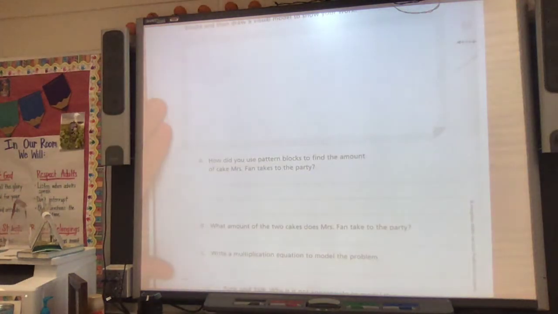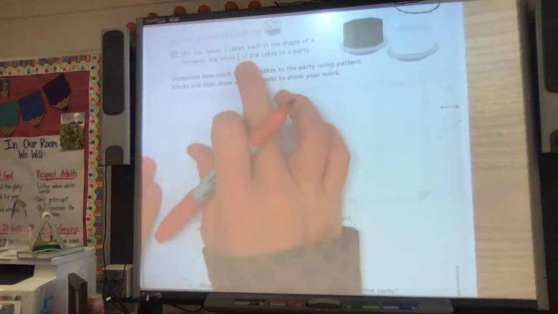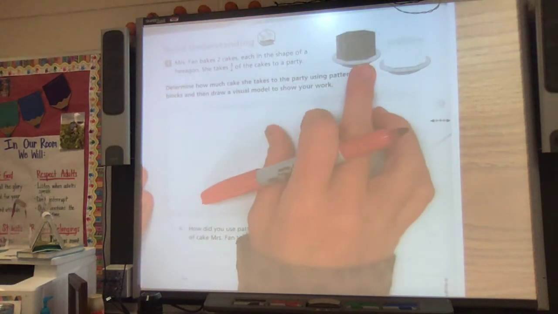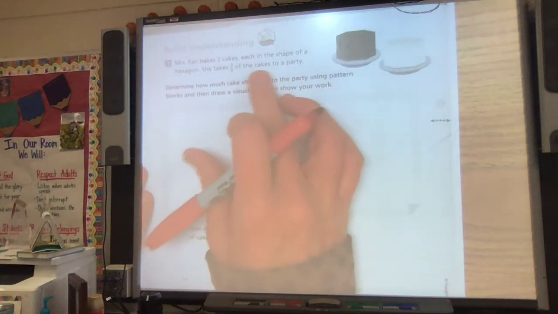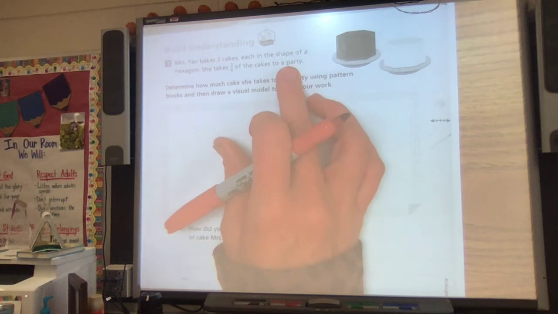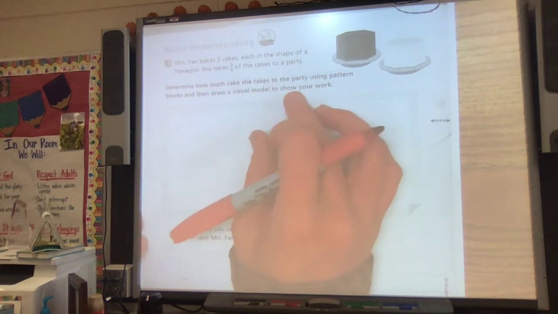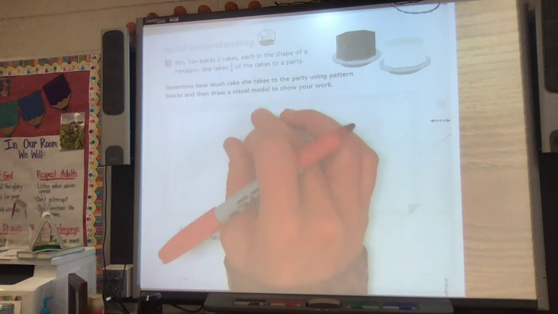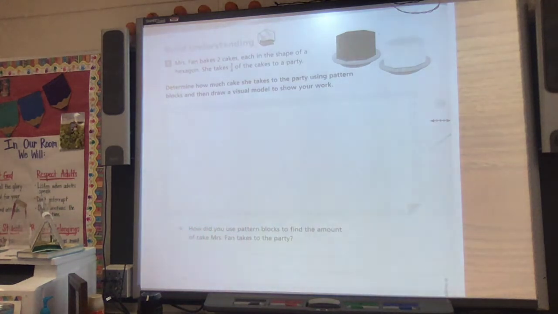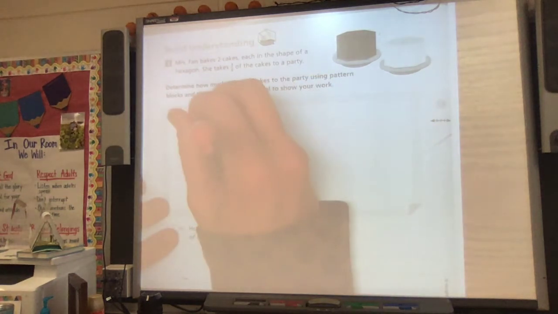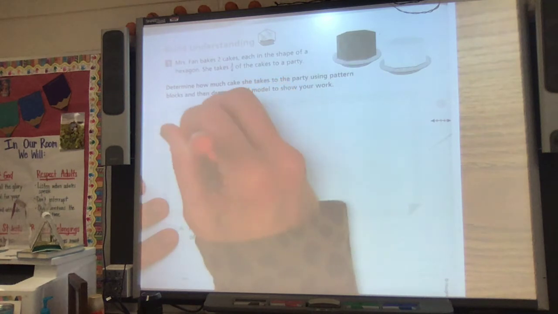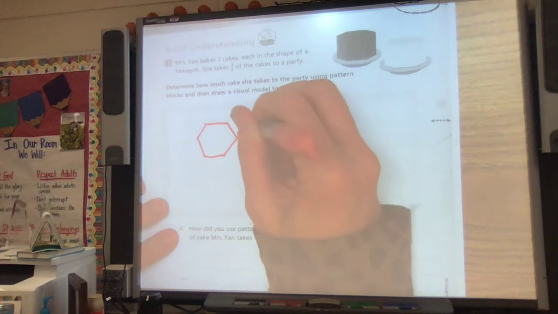If you turn the page, 186. Miss Spann bakes 2 cakes, each in the shape of a hexagon. That's very cool. She takes 3/4 of the cakes to a party. Determine how much cake she takes to the party using pattern blocks, and then show a visual model of your work. If you have access to pattern blocks, the yellow ones are your hexagon.